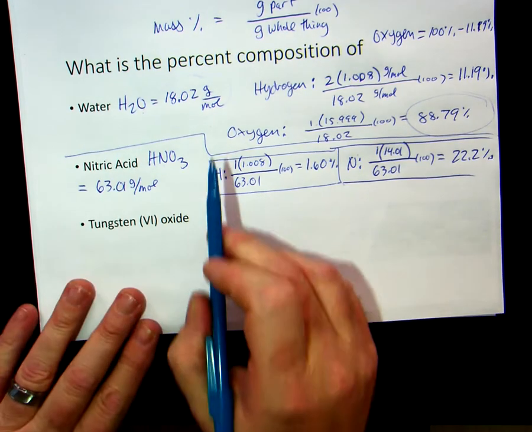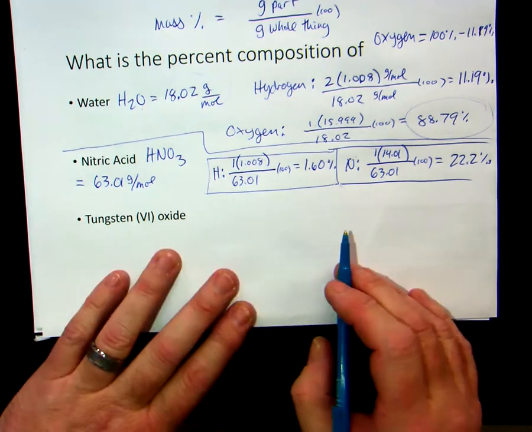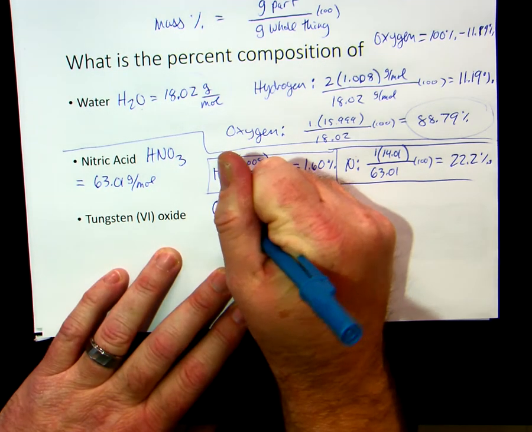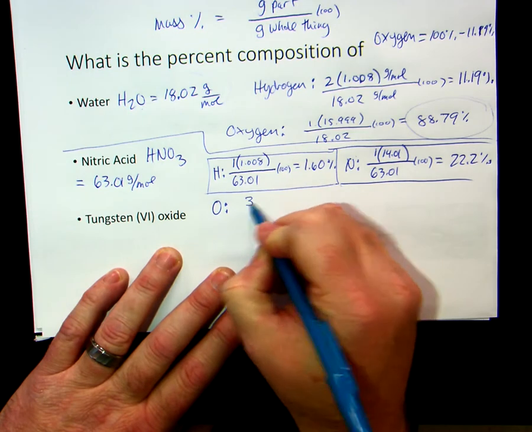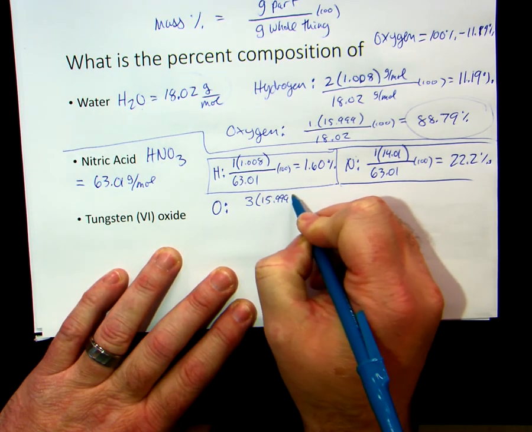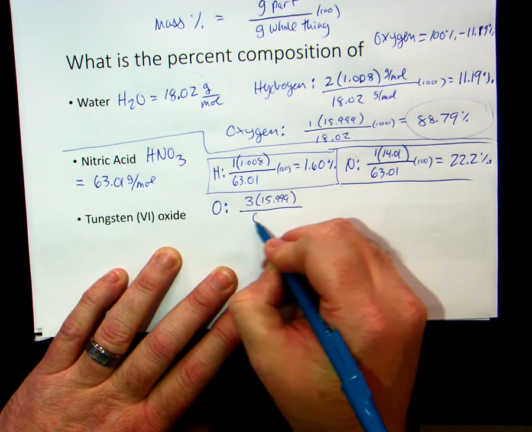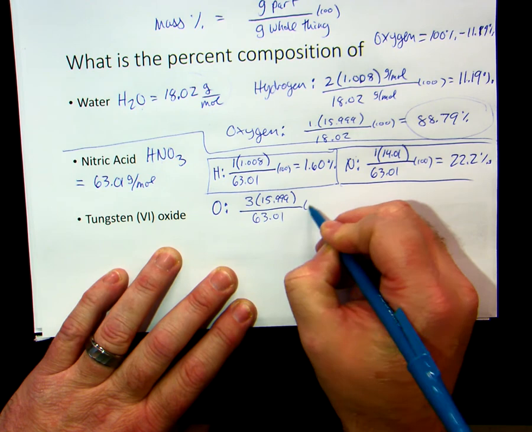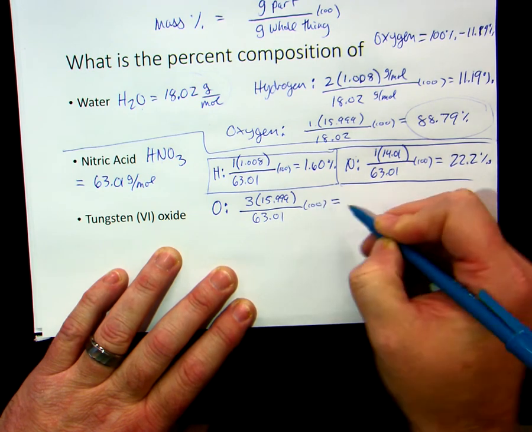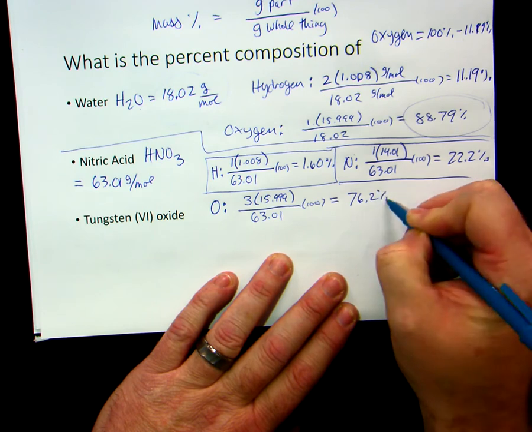And then lastly, we have oxygens, specifically 3 of them. So there's 2 ways we can do it. I'll show you both. We could say 3 oxygen, each oxygen weighs 15.999. So we divide the mass of the 3 oxygens by the mass of the whole thing, multiply by 100, and we would get 76.2%.